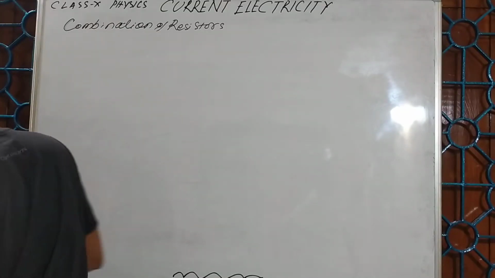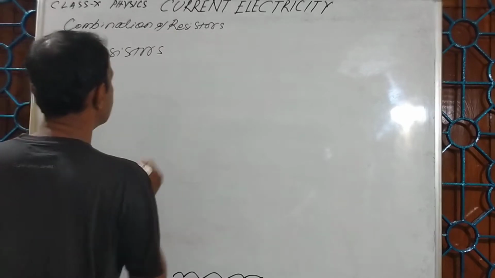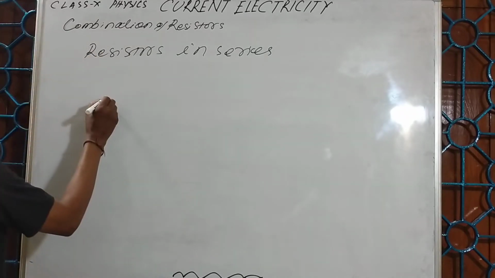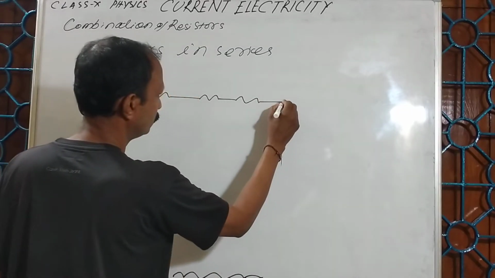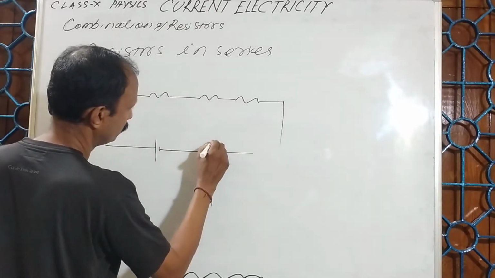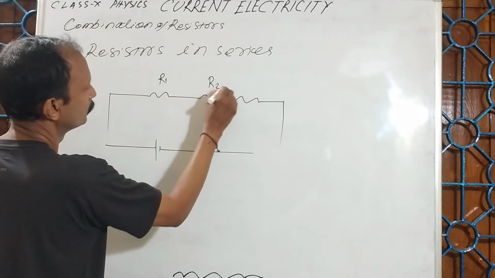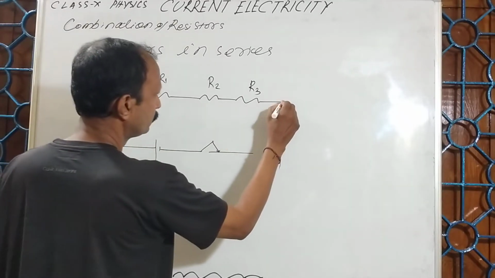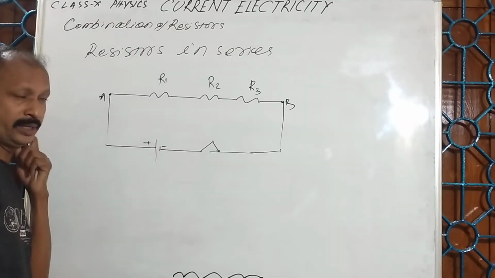So I can say resistors in series. Cell, from where we are drawing the current.